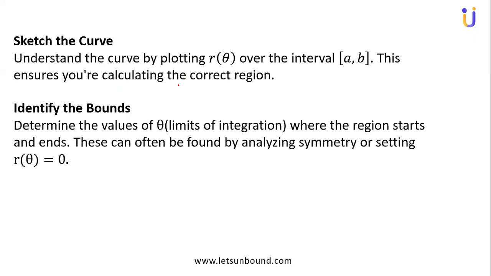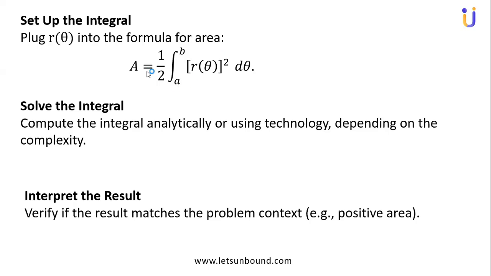Now, you have to sketch the curve. Here it's very important to understand that a little change might cause a completely different area. So sketching a rough curve is important so that we are very sure that we are calculating the correct region. Identify the bounds. Sometimes bounds will be given, sometimes it is the intersection when we are dealing with two curves. Now set up the integral.